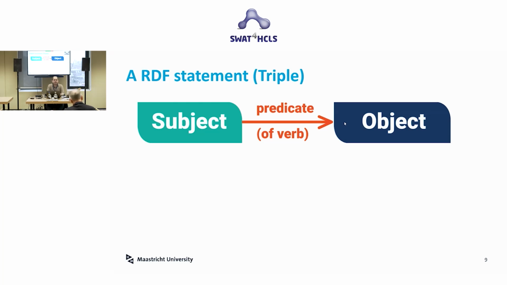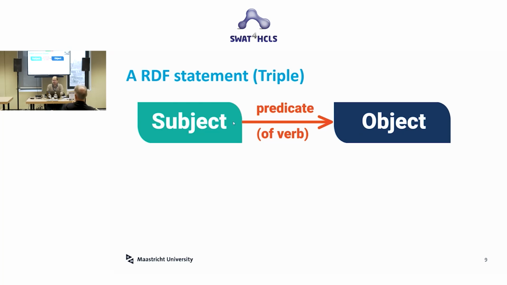This is derived from our way of communicating, from natural language. When you make sentences, the sentence contains a subject, a verb, and an object, right? So the origin of it is the natural language of communication, and RDF adopts this triple concept as the main way of representing data.